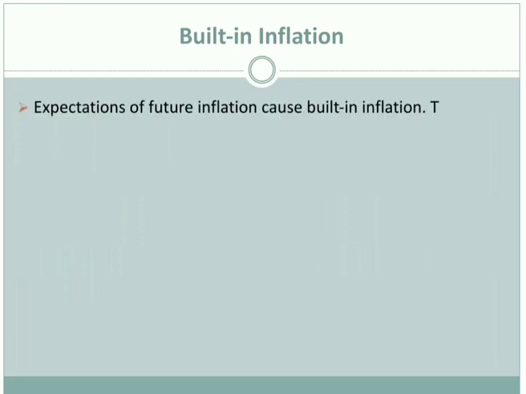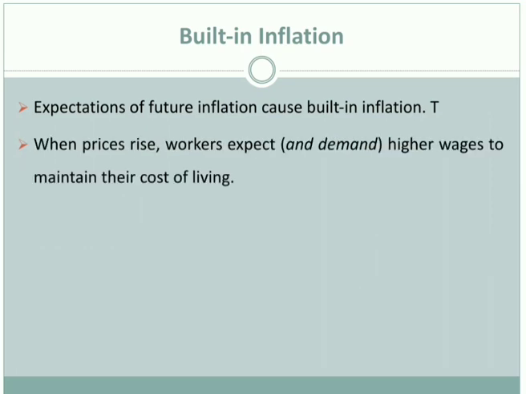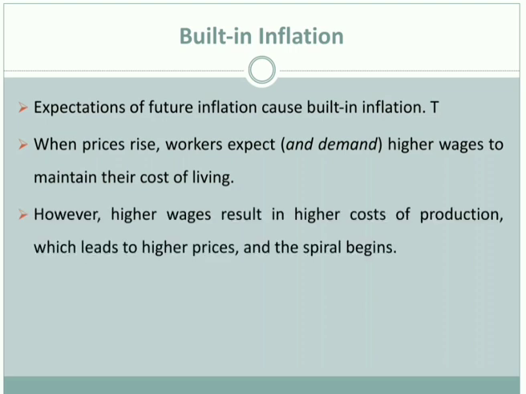The last one is built-in inflation. Expectations of future inflation cause built-in inflation. When prices rise, workers expect and demand higher wages to maintain their cost of living. However, higher wages result in higher cost of production, which leads to higher prices, and the spiral begins.